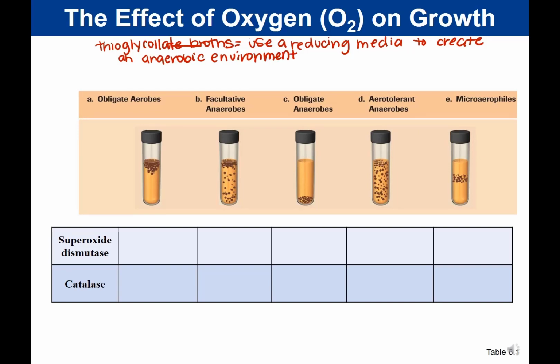In lab, we talked about what was in thioglycolate broths, and you might recall that there are two chemicals in the thioglycolate broth which help to make the environment anaerobic. We talked about L-cysteine, which is a dimer of cysteine amino acids, and we had our sodium thioglycolate.